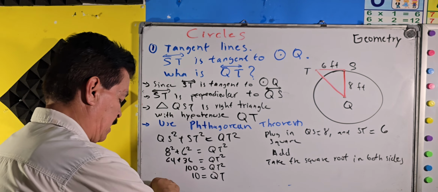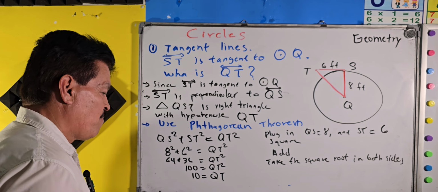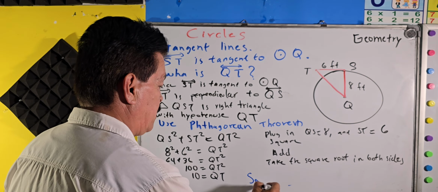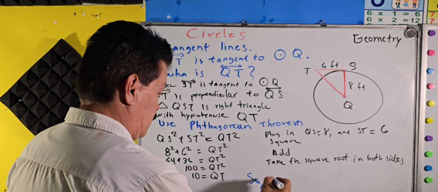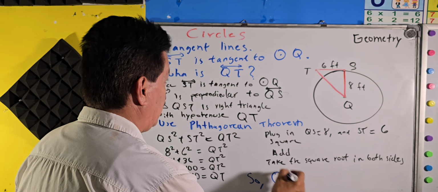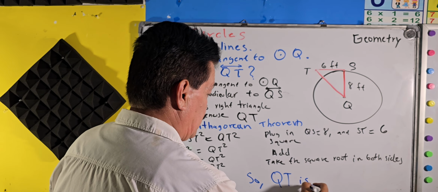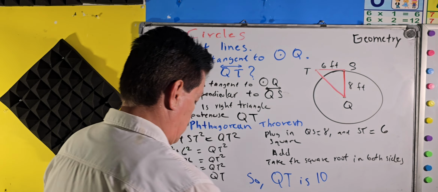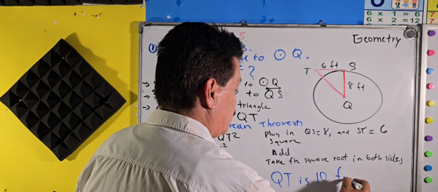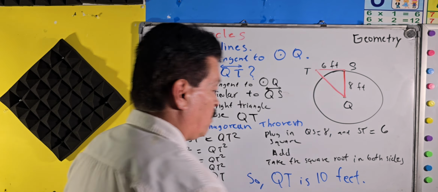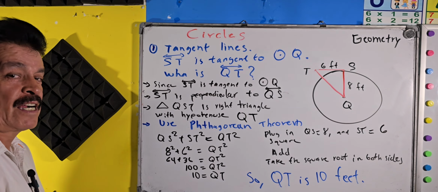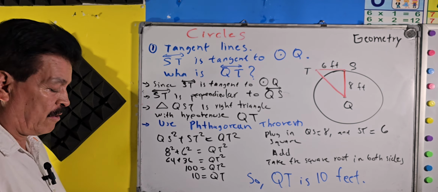That's the answer. QT, the question, is 10 feet. All right, got it? That's our answer.